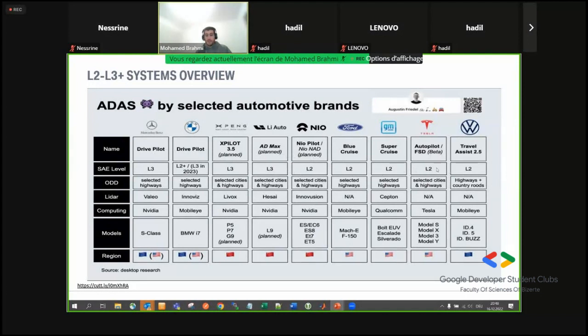And here, surprisingly, Tesla is still an L2 system, because they pretend to do L3, but in fact they are doing only L2 systems, because of unclear definitions of the system and unclear work split between the driver and the system.